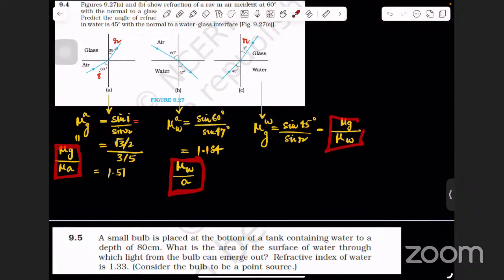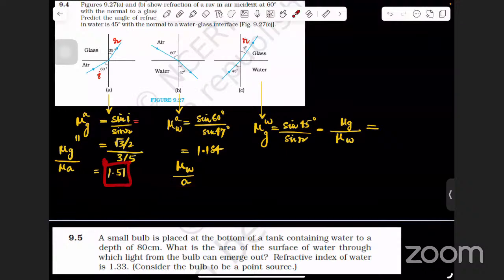We have to find mu of glass by water. So it's very obvious that if we divide these two things, glass over air divided by water over air, we will end up with this. So let's do that. We will divide this by this. In other words, 1.51 divided by 1.184.